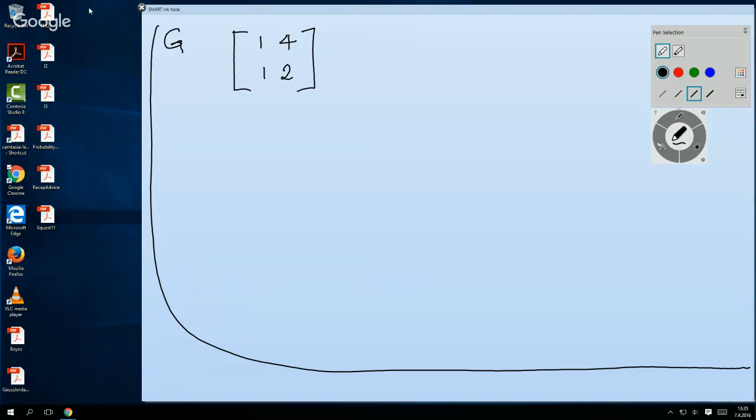Now, if G is induced by this matrix, its inverse is induced by what matrix? The inverse of this one. So all we need to do is a very complicated computation of the inverse of this matrix. Let's do it. As you can see, this is going to be really calculation intensive.